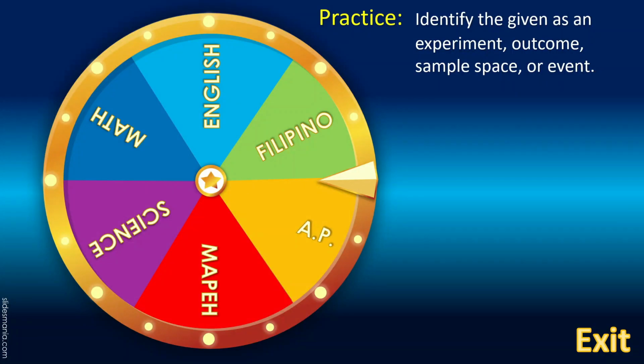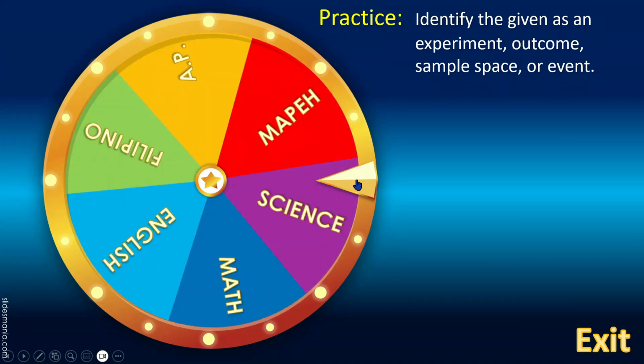Now, let's try to check, using some of the subjects in school, whether you can identify a given set or single item as either experiment, outcome, event, or sample space. So let's try to roll this wheel.